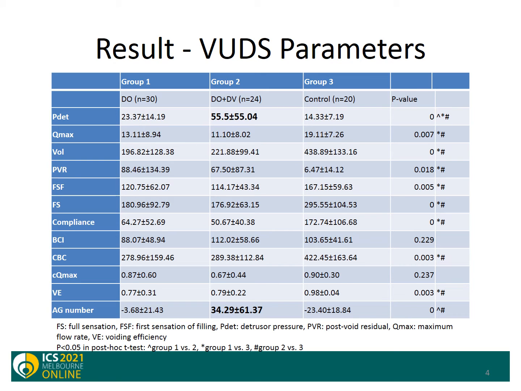Especially for group 2, who had DO and DV, these patients had a significantly higher detrusor pressure compared to patients with DO only. As a result, the AG number was also significantly higher, indicating more severe obstruction in group 2.